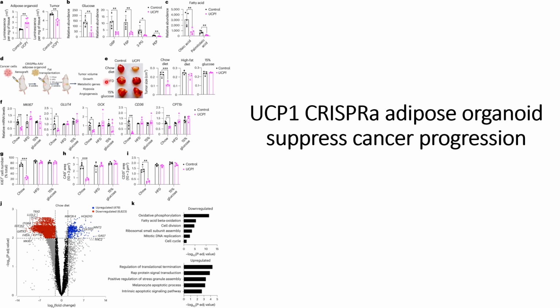But for the high fatty acid diet and the 15% glucose diet, they do not see any change in the tumor weights. These are quantified on the right-hand side, where we can see that for the CHO diet the tumor size goes down, but for the high fat diet or 15% glucose diet there is no change, indicating that the UCP1 gene might disrupt fat consumption, or might compete with the tumors for fat and glucose consumption.